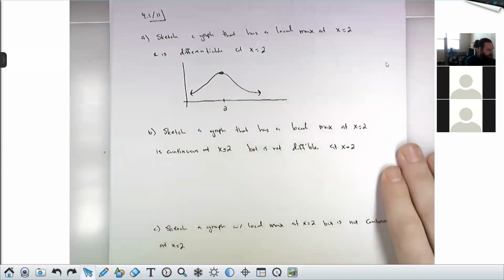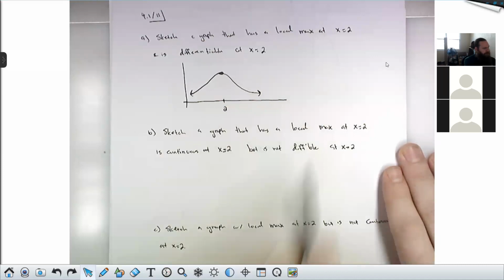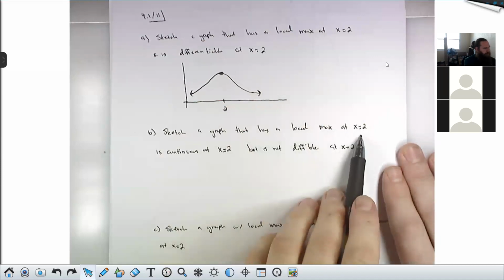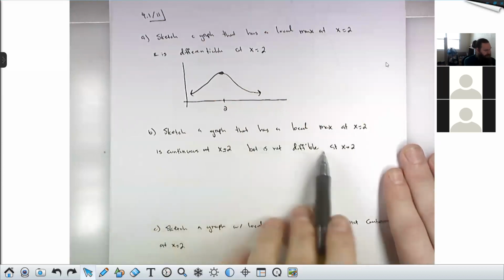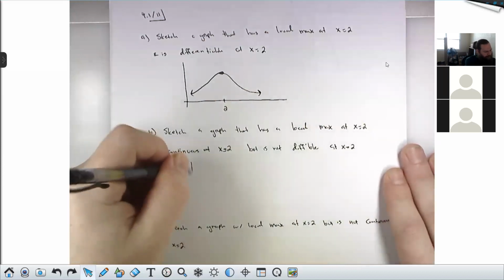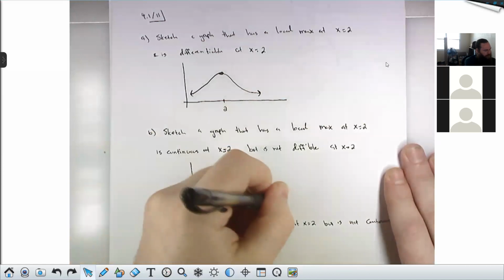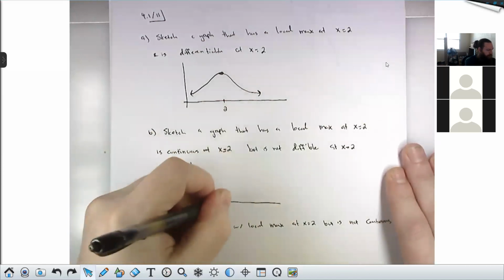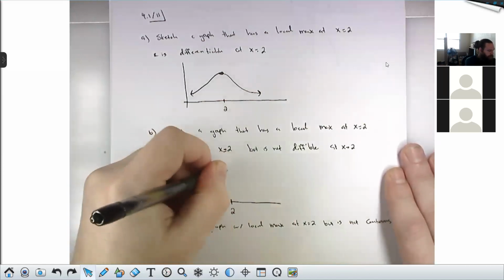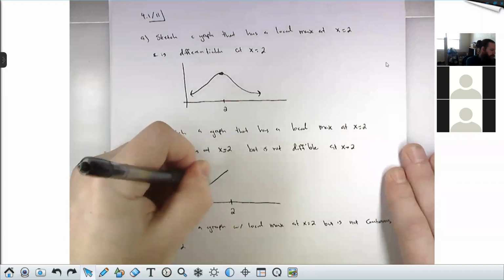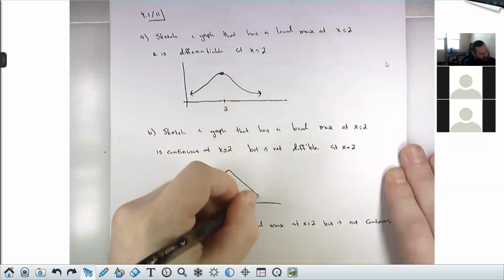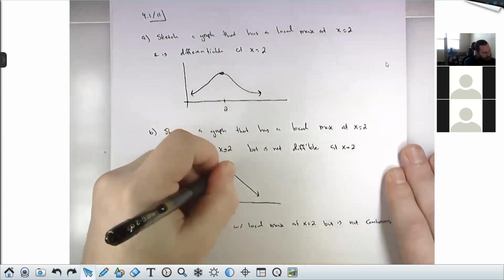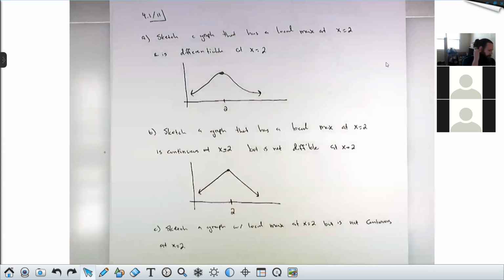Now I'm looking at part B. If I'm going to have a local max at x equals 2, be continuous but not differentiable there, that means something kind of weird has to happen. I'm going to draw two pictures here. I could have something like this going on, sort of like an absolute value function, but flipped over, where this is a sharp corner.